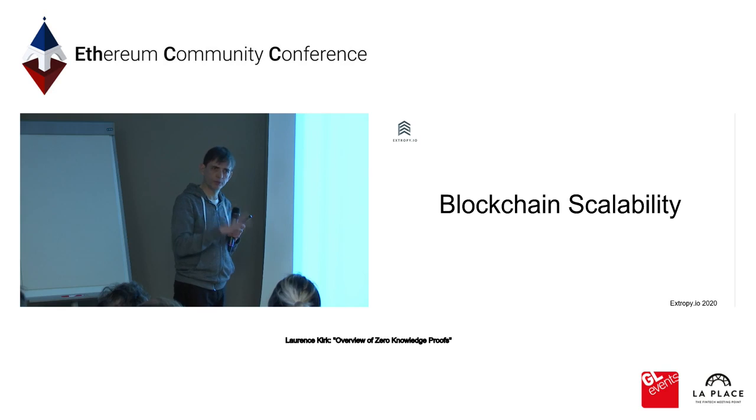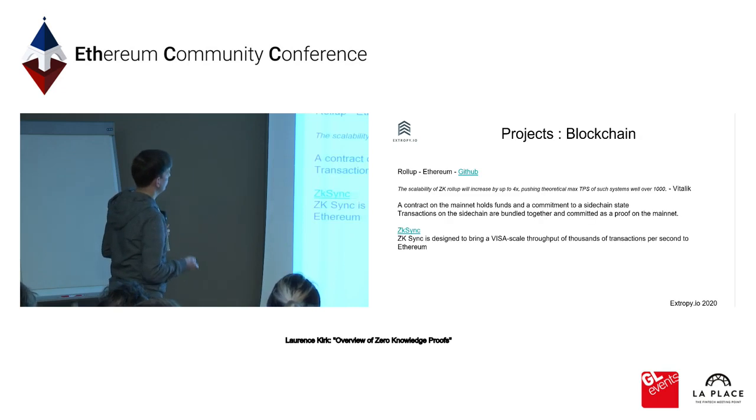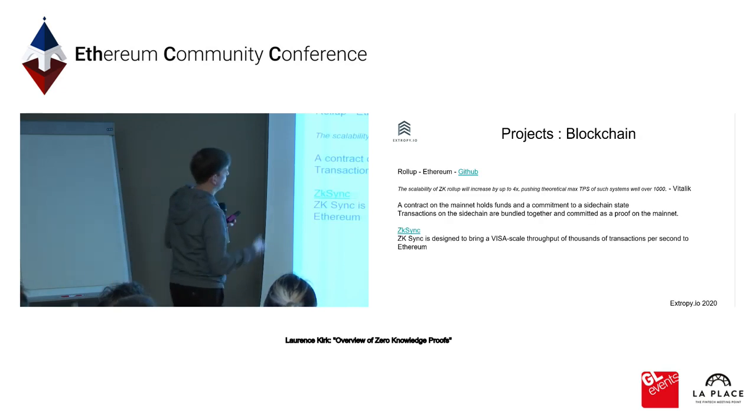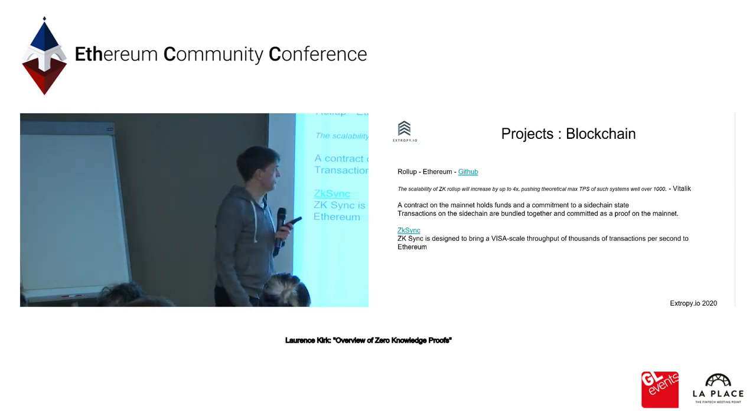And if you look at the proof side, we have some use cases in blockchain scalability. So, for example, a very well-known project, I think, is Rollup. This can increase the transactions per second on Ethereum.